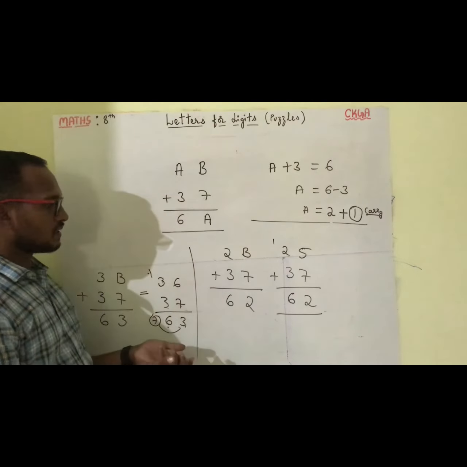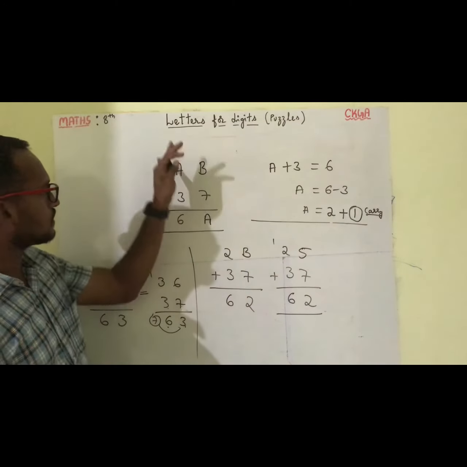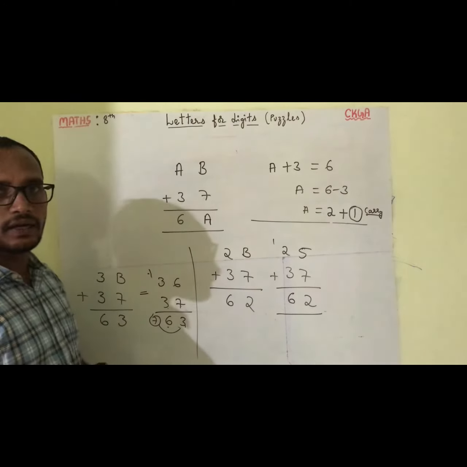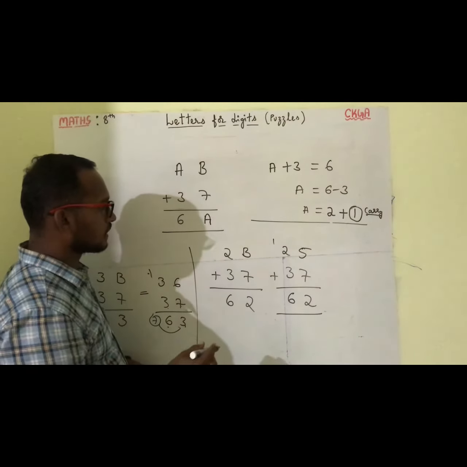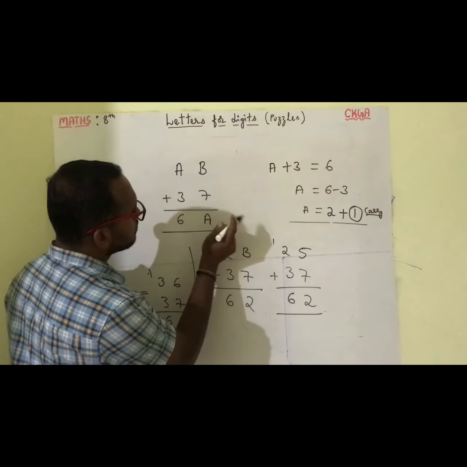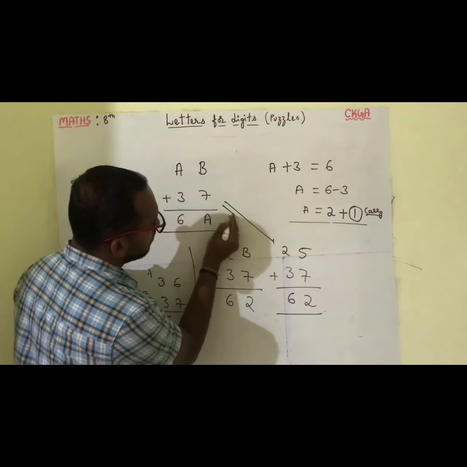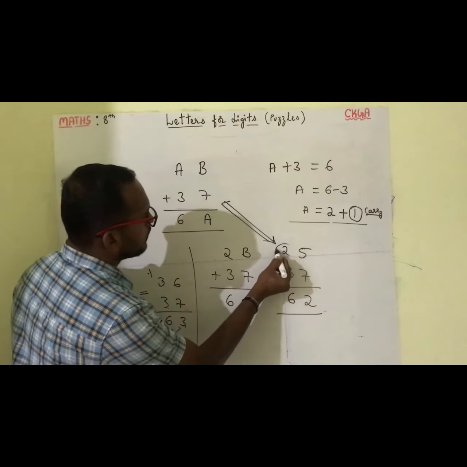So now you have almost cracked this code by using the reverse process. Instead of the unit digits, now you are using the tens position. So I'll round it off and conclude this problem. Now I'm cracking it. In the place of A, what do we have here? 2.